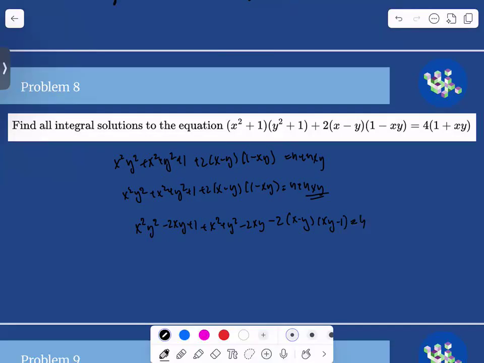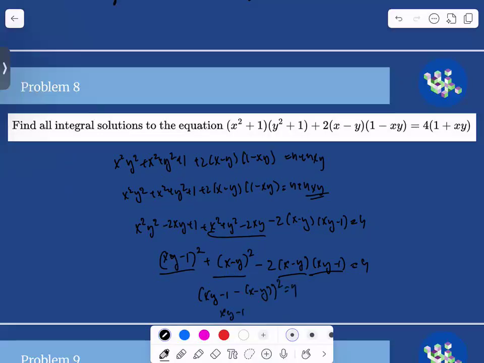And so then we can write that as xy minus 1 squared plus x minus y squared minus 2 times x minus y times xy minus 1 is equal to 4. And then you see that this is again like something squared plus something squared minus 2 times their product. So it becomes xy minus 1 minus x minus y, squared, is equal to 4.